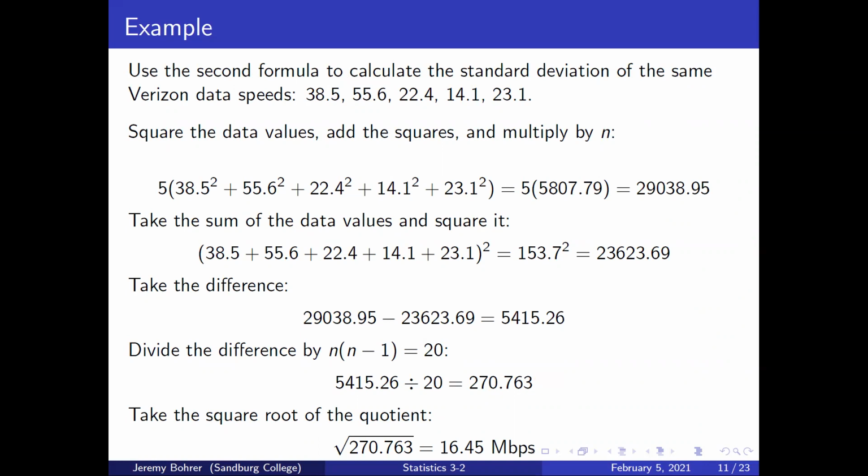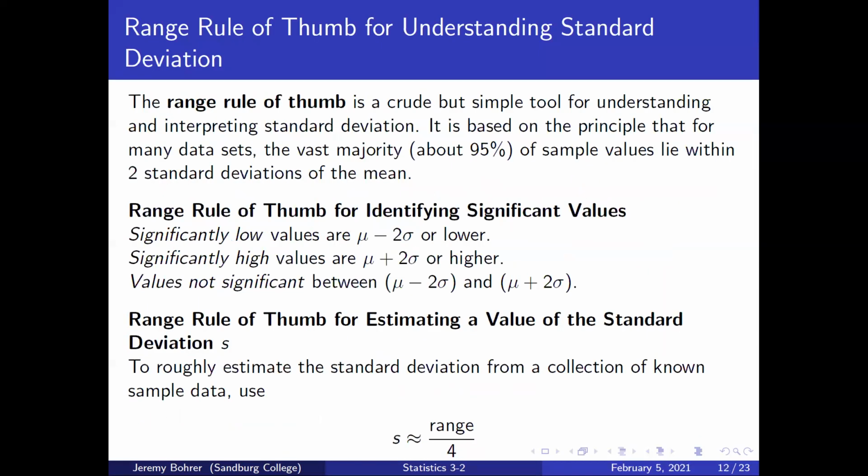We take the difference, which is 5,415.26. We divide the difference by n times n minus 1, which is 20. That's 270.763. And we take the square root of the quotient, which is, again, 16.45 megabits per second. We see here that we get exactly the same value no matter which of the formulas we use.